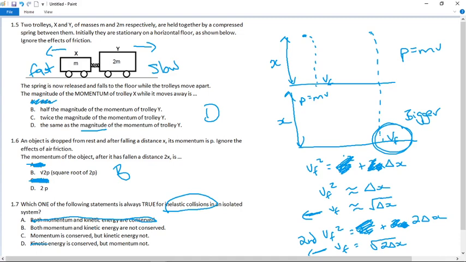This one says kinetic energy is conserved, so we're going to get rid of it immediately. So now how do we pick? Momentum is conserved. Kinetic energy is not. So in this one, we've got here the isolated system, so we can pick the answer C. In an isolated system, momentum is conserved.